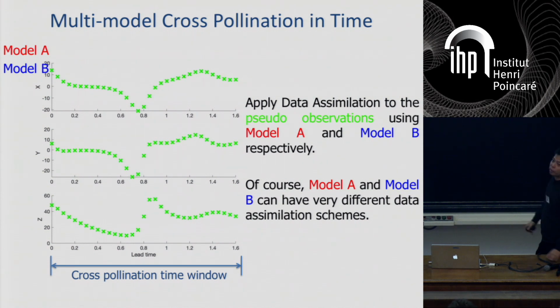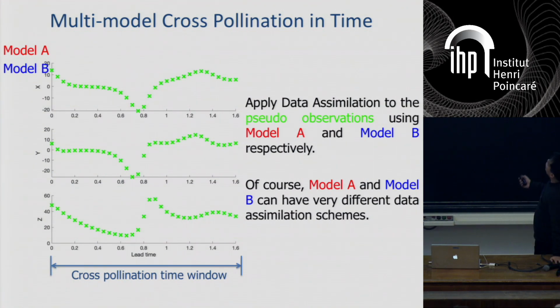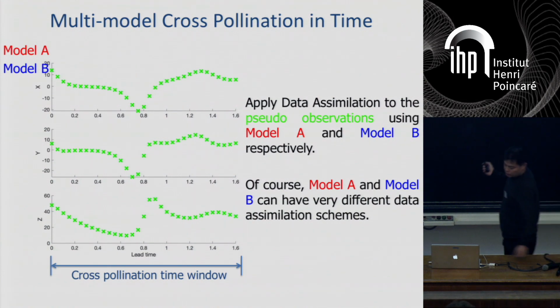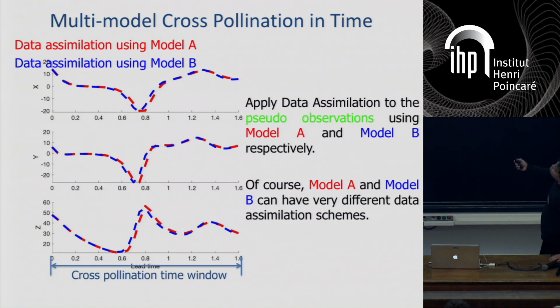I'm sure that the Met Office has its own data simulation scheme and NCAR has its own. But that's okay. They can apply their own data simulation scheme onto these pseudo observations that have been combined in the observation space, right? And then they will generate data simulation results, but in the future time.